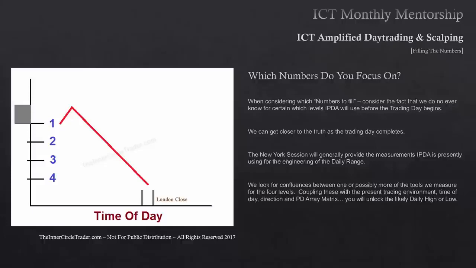So how do we use all this information? Well, what you do is you determine, number one, where price should be reaching based on the PD array matrix. Remember, we've already determined based on institutional order flow on the daily and 4-hour where price is going to go, higher or lower. If price is respecting a premium PD array on the daily or 4-hour, we're going to anticipate price rallying up at New York's midnight candle or thereafter.